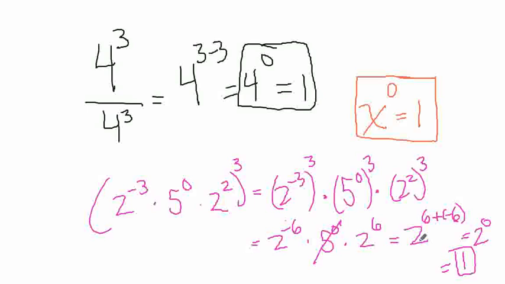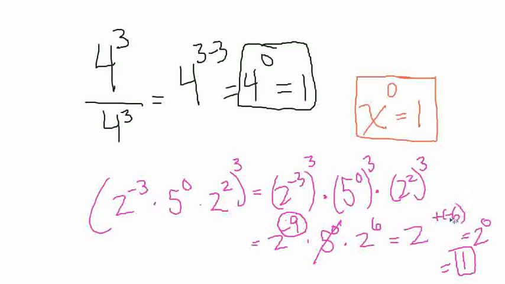Okay? Wait a minute, hold on. I'm sorry, I made a mistake. 3 times 3 is minus 9, so I have to put a minus 9 here. If this minus 9 was a minus 6, it would simplify to 1. So minus 6.